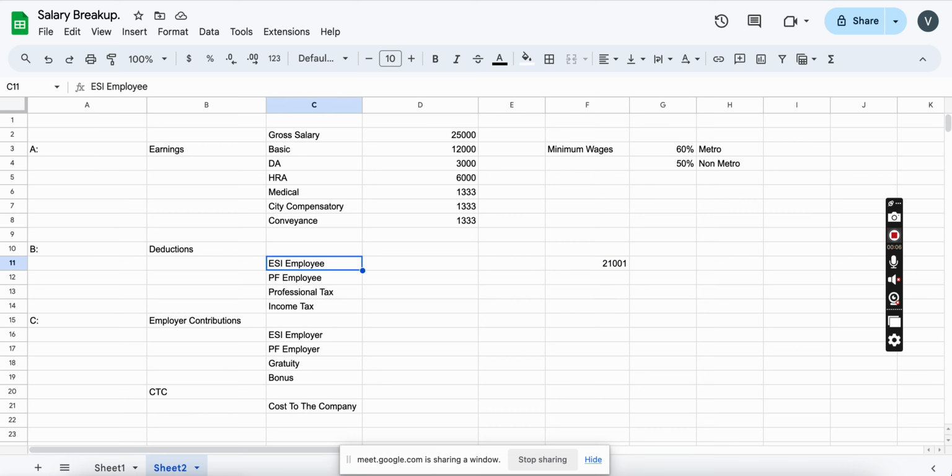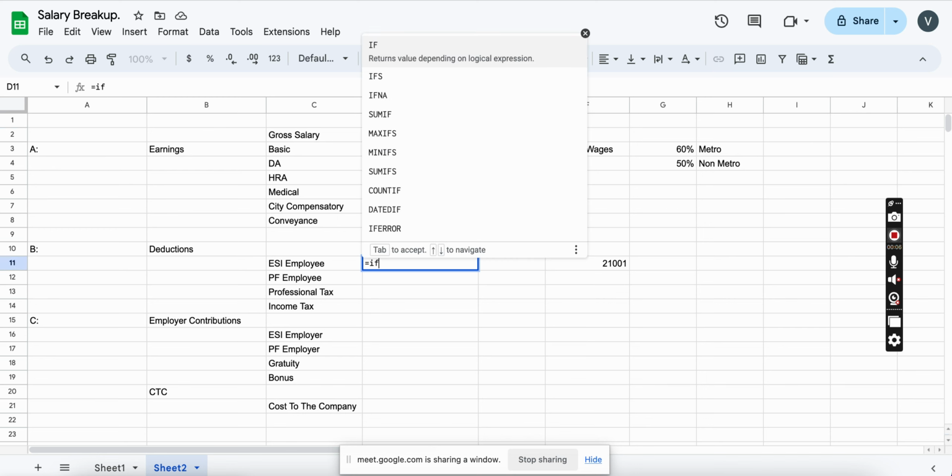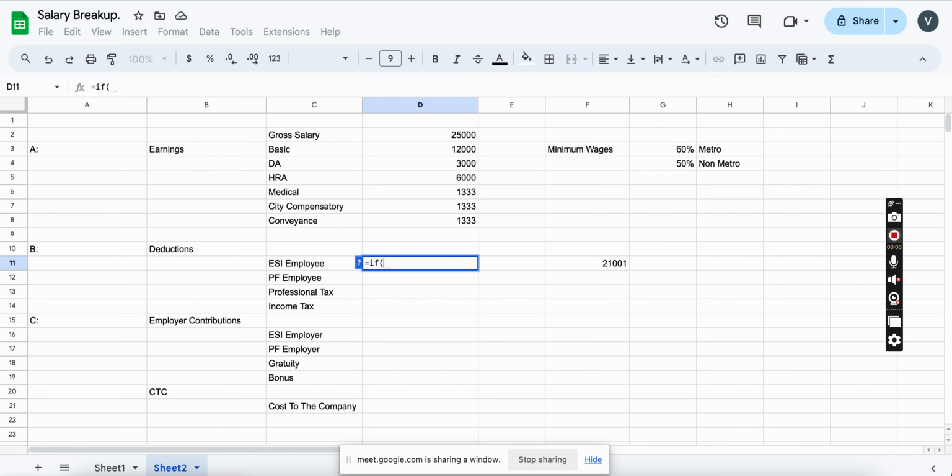And it is calculated on gross salary. So if you see here, basically we should put a condition that if gross salary is less than 21,001 rupees, then gross into 0.75%.